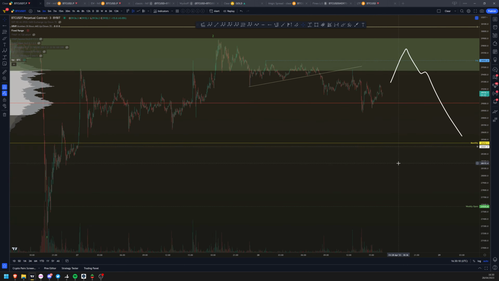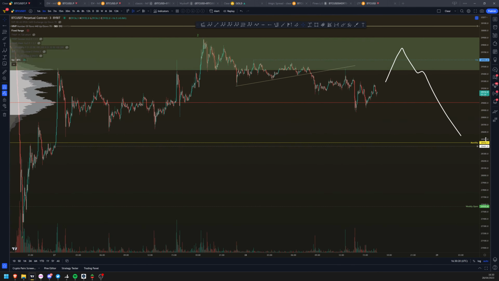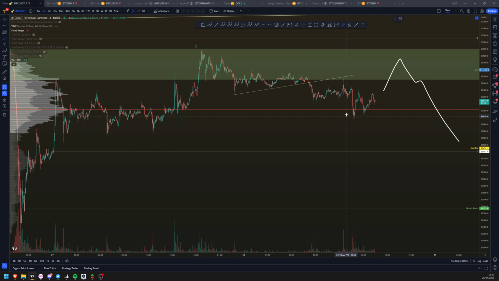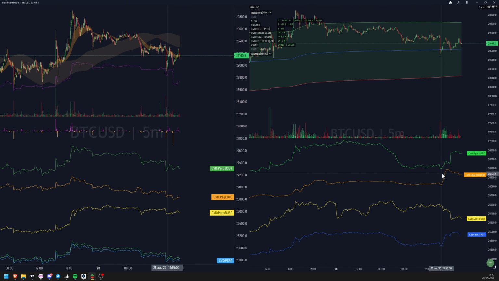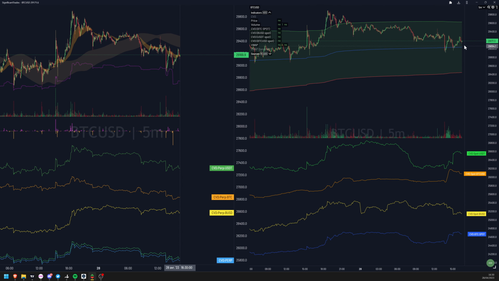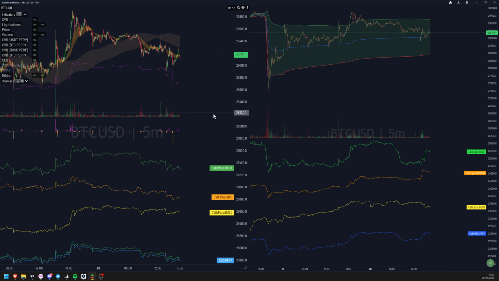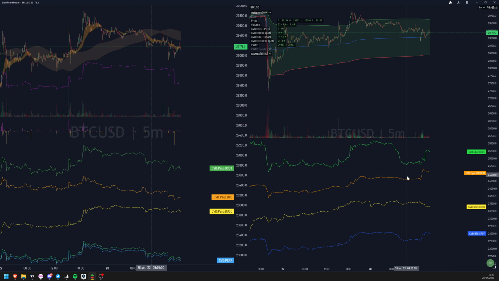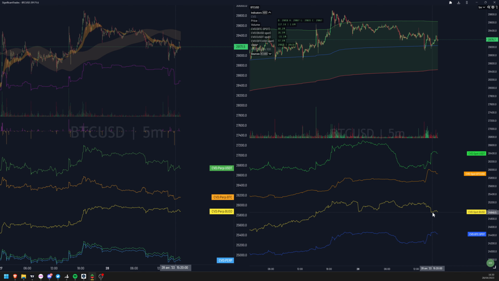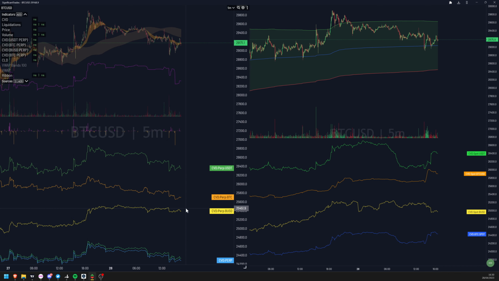I was thinking here, as we were seeing a bit of absorption and spot leading the way aggressively, as we can see on spot BUSD and spot BTC USD pairs especially. I was considering we might take a bit of liquidity above here, but weirdly we are not seeing BUSD leading at all.